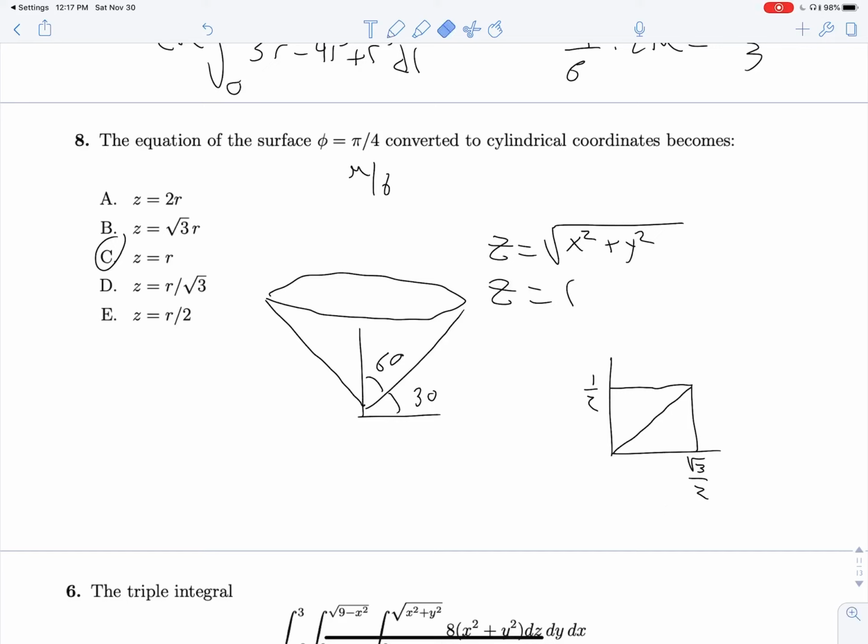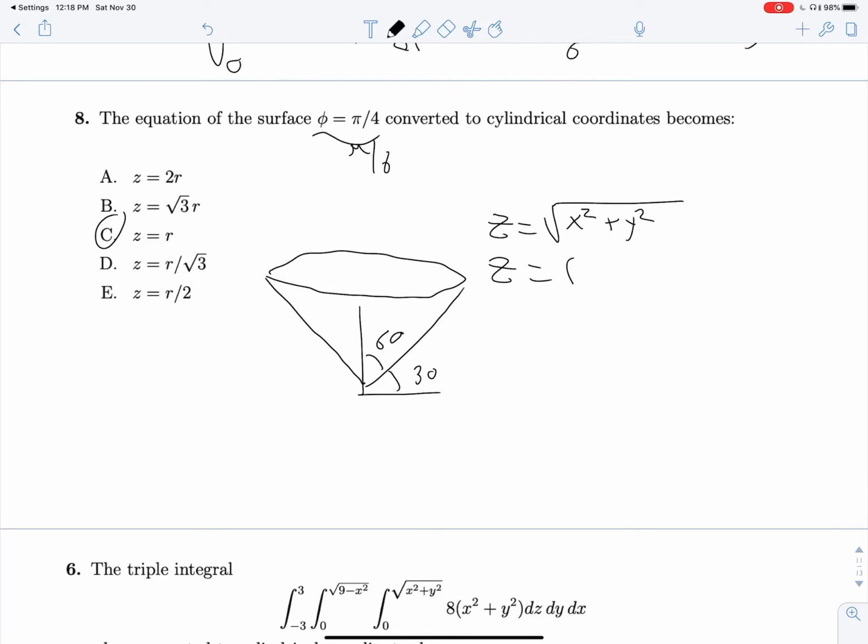In the case of this guy, our slope is just going to be our rise over run, which will work out to 1/2 times 2 over root 3, or just 1 over root 3. And so that's just an example. You can use this method, looking at unit circle things and graphing things out, to make any of these given surfaces work.